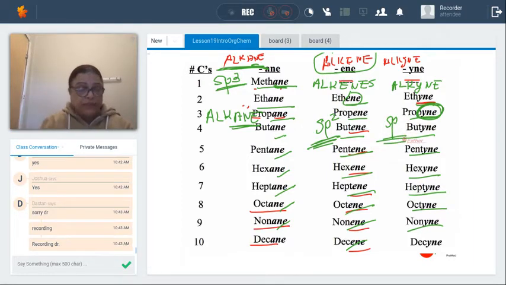Not all of them, but at least 2. Okay, so -ane, only single bond. -ene, we have a double bond. -yne, we have a triple bond. So methane, ethane, propane, ethene, propene.